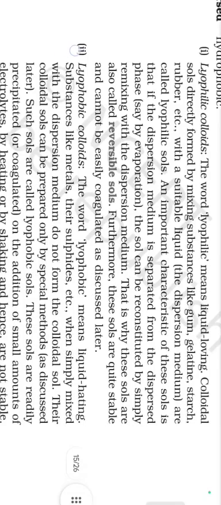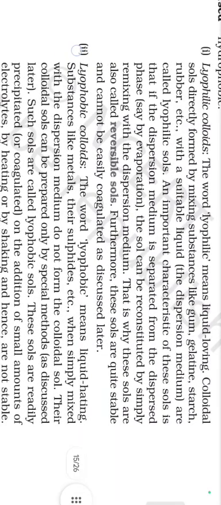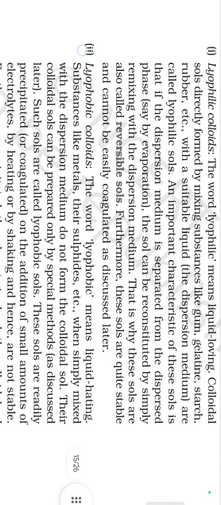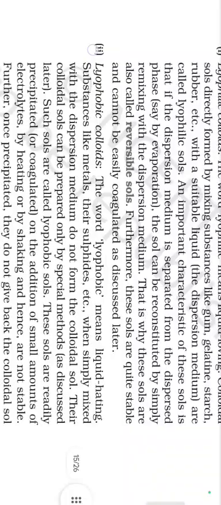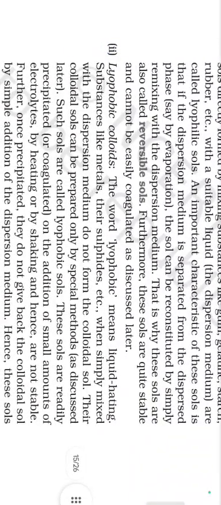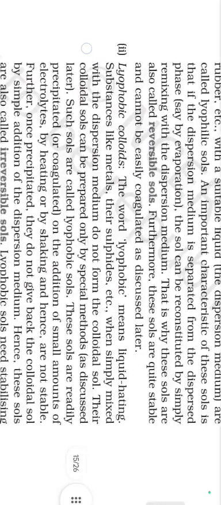First, lyophilic colloids. The word lyophilic means liquid loving. Colloidal sols directly formed by mixing substances like gum, gelatin, starch, rubber, etc. with a suitable liquid dispersion medium are called lyophilic sols.